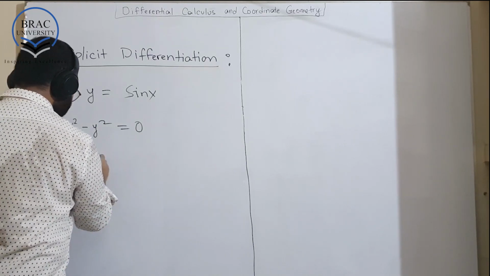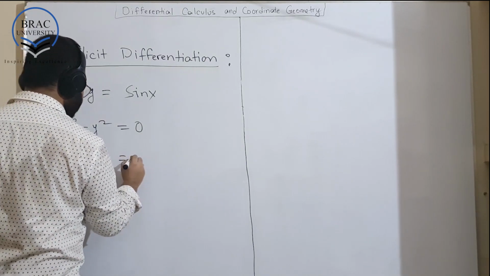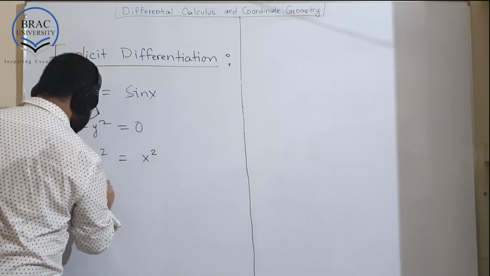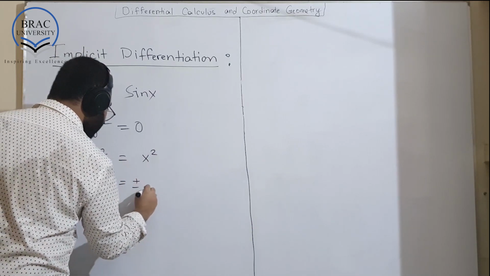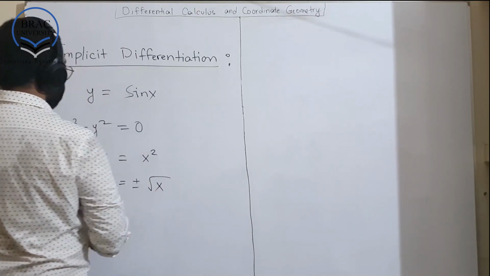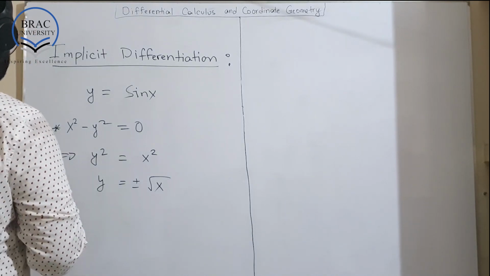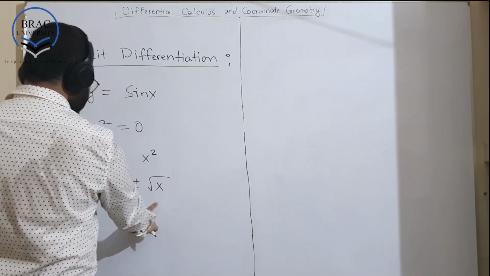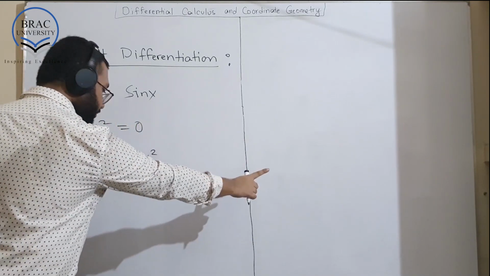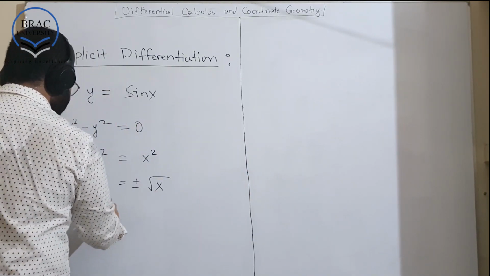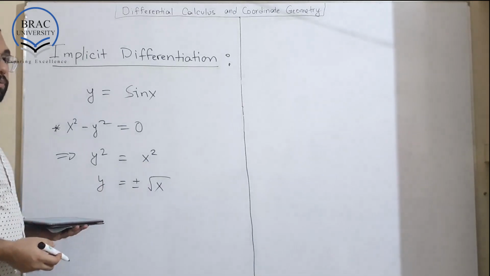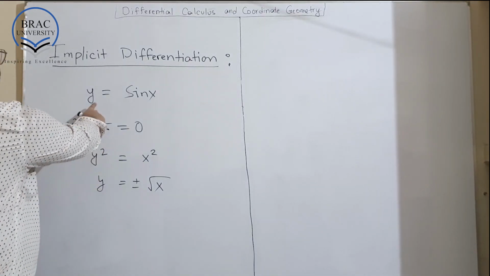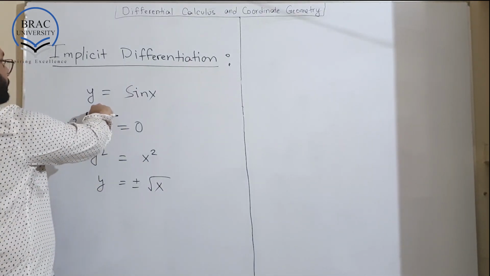We can easily write y in terms of x. Even if we are not given a variable in terms of another, we can easily turn them into a variable in terms of another and take the derivative. Similar case occurs here.